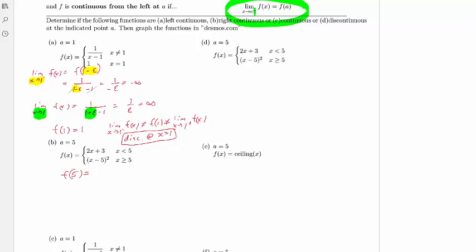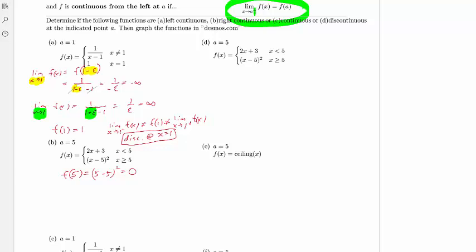Well, f of 5 is going to be this guy here. And so you plug that in, you get 5 minus 5 squared, which is 0. So we do know that at the very least we have one-sided continuity, but do we have two-sided continuity? So we have to look at the other one now.